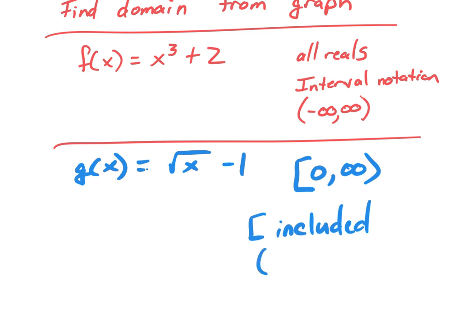A parenthesis is not included. And the same thing could be on either end. And I'll look at some different examples of those today as well. When do we need brackets and parentheses on the left or on the right?